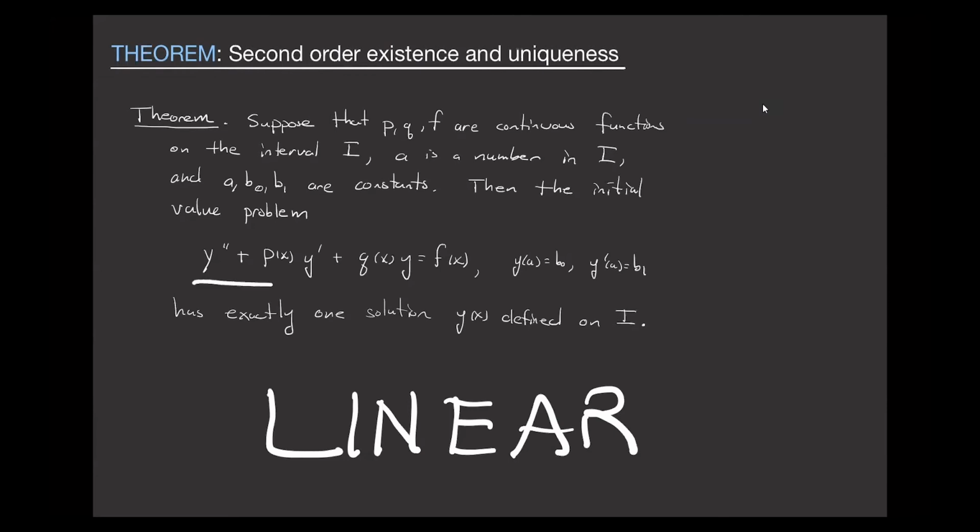This is second order linear. So if you have second order linear, then you have this theorem that would apply. Now, you've got these functions, namely f, q, and p. And these are the functions that we want to check whether they are continuous or not. So let me put that in, let's say, green. So we're looking at p, q, f. They're the functions that make up the second order linear form here.